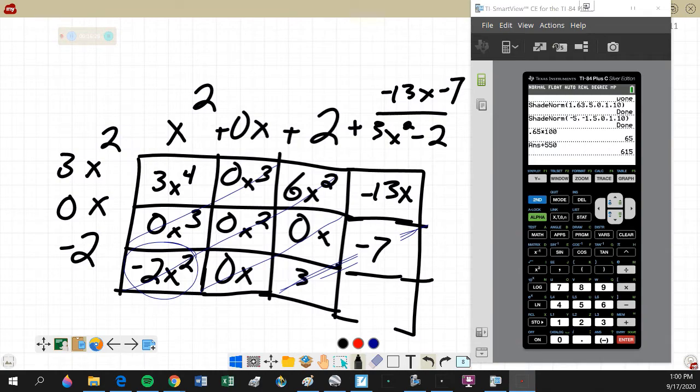So if I divide a number by 6, what's the biggest remainder I could get? 5. Why not 6? Because if your remainder is 6, it's actually one more number and your remainder would be 0. Okay? So when your divisor is an x squared, your remainder could be an x. If you divide by x to the fourth, your remainder could be x to the third, x squared, x, and then like 3. Which is a little bit weird, but it can happen.